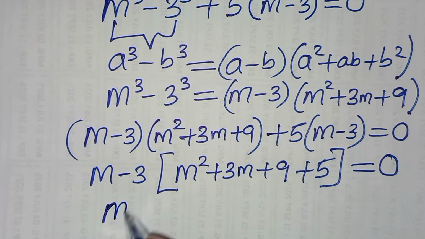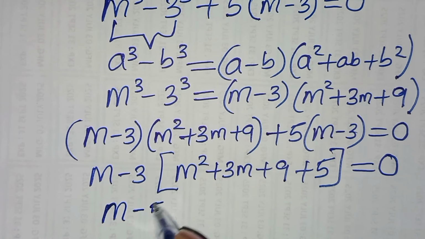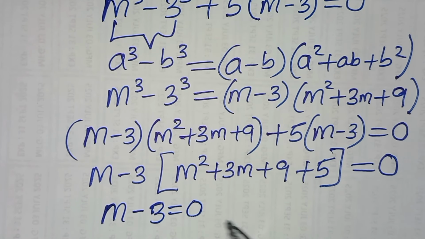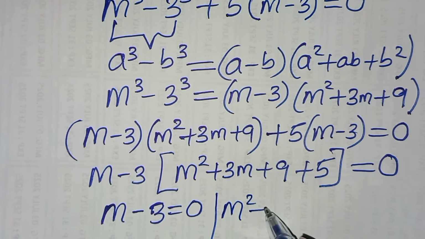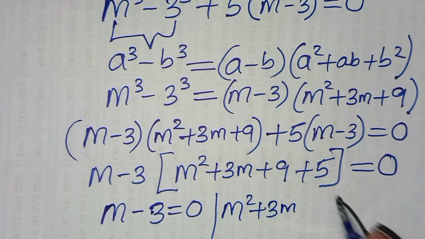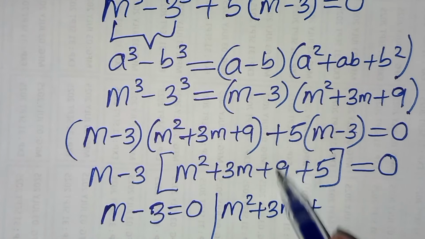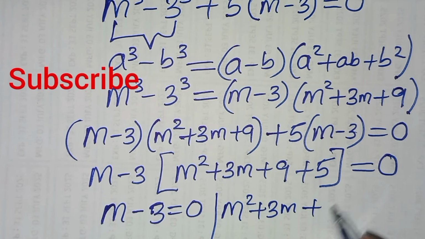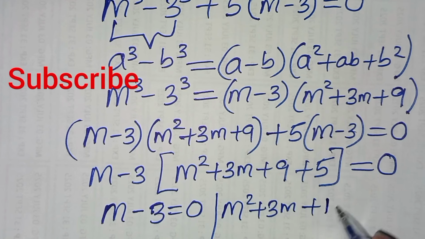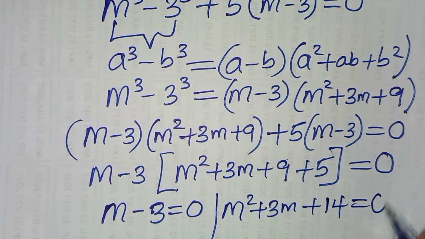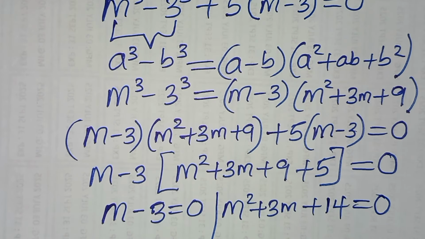We have m minus 3 equal to 0, and we have m squared plus 3m plus, this is 9 plus 5, which is equal to 14. This is equal to 0. Let's proceed.